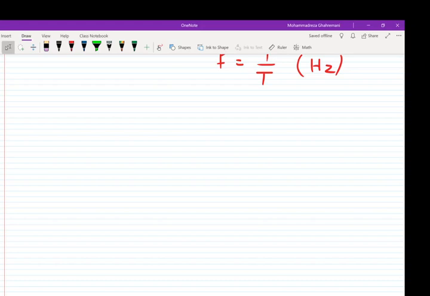Let's talk about the memory elements. We have two main types of memory elements. They're called flip-flop and latch. So first, let's discuss flip-flop.